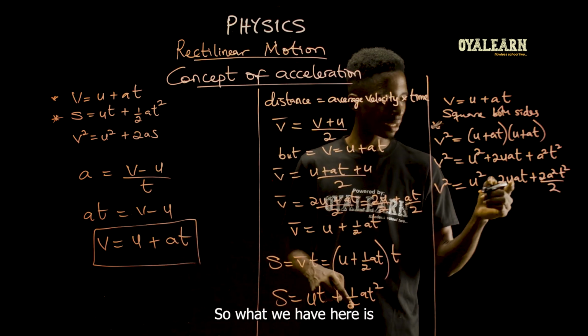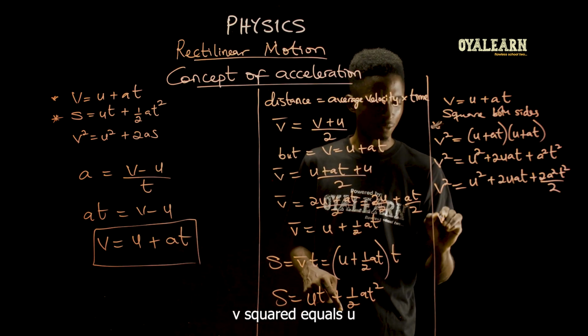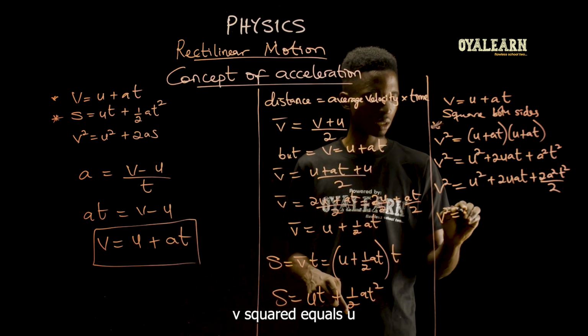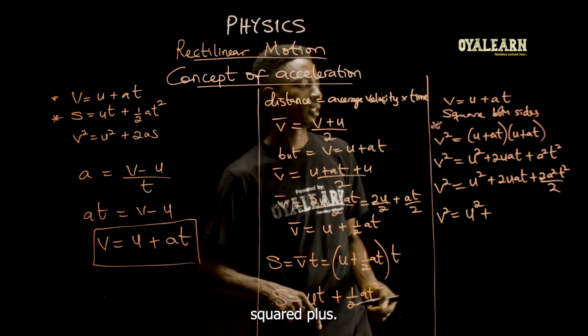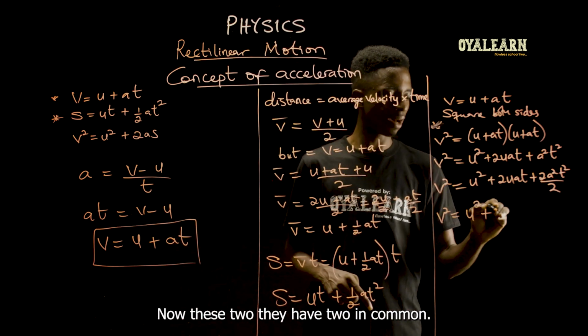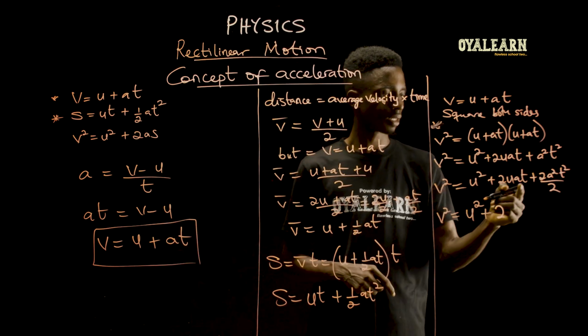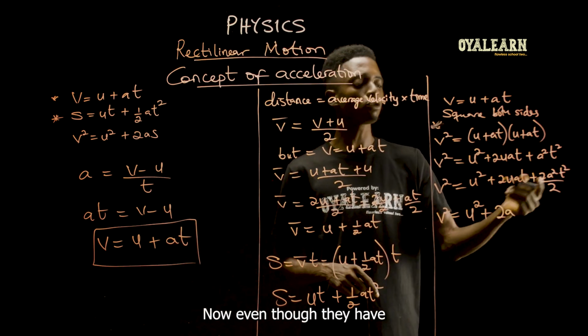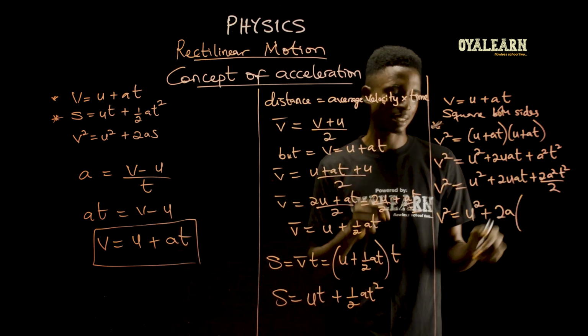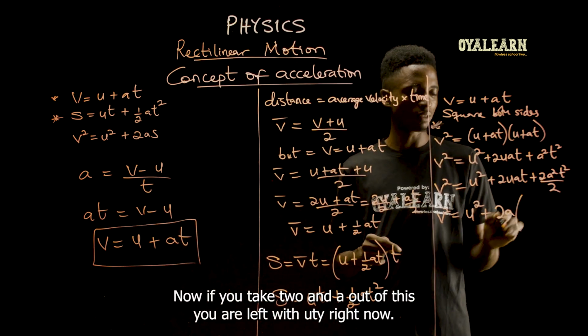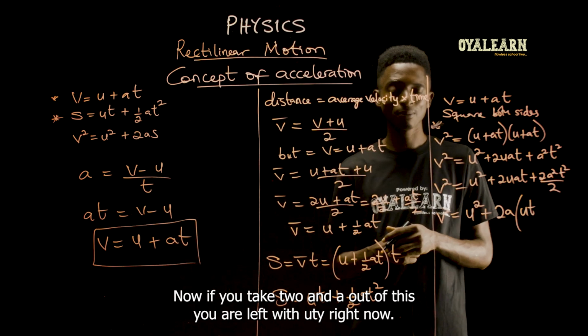So what we'll have here is v squared equals u squared plus, now these two, they have 2 in common, they have a in common. Even though they have t, I'm not going to call that out. Now observe what we're going to have left. If you take 2 and a out of this, you are left with ut, right?